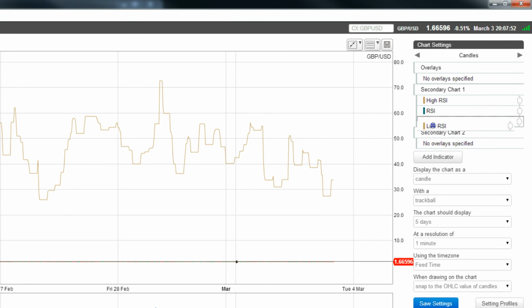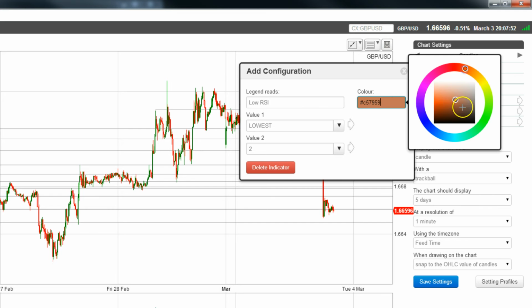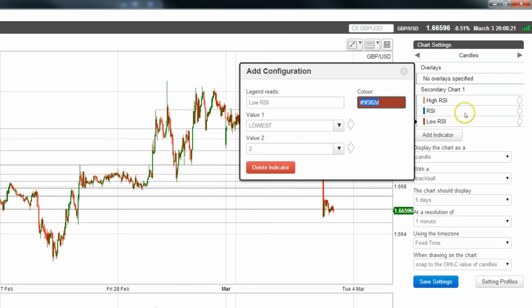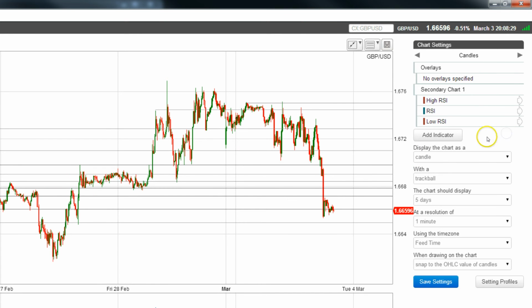And we'll drag this down below. I'm going to make these colors a bit more vibrant, so hopefully you can see them a little bit better.